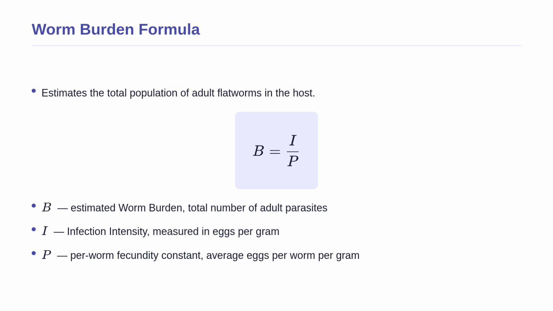P represents the per-worm fecundity constant, meaning the average number of eggs a single adult worm contributes to 1 gram of feces. Interestingly, if the infection intensity is very high, but the fecundity constant P is also very high, the actual worm burden might be lower than expected, because just a few highly reproductive worms can produce a massive number of eggs.